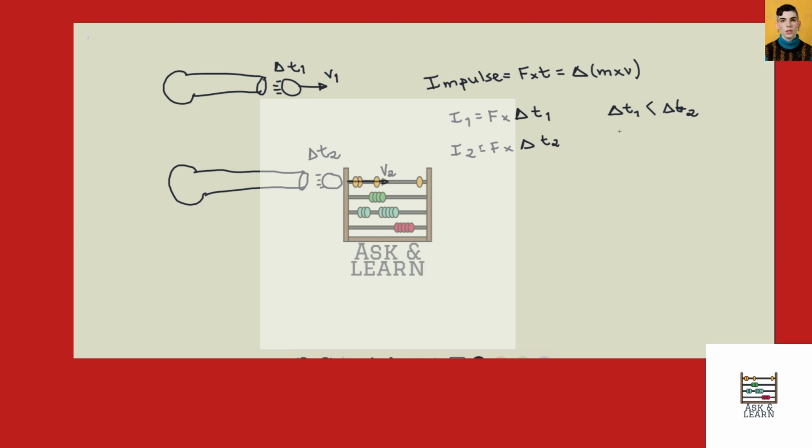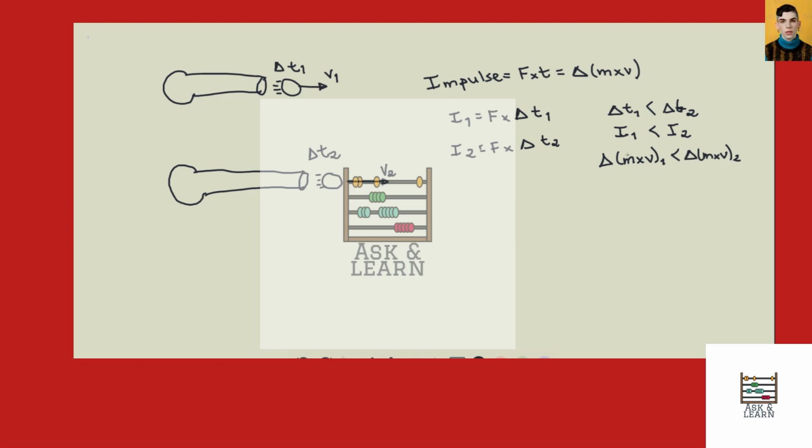we can already infer that I1 is going to be smaller than I2, or the impulse in the second case is going to be bigger than the impulse in the first case. So if we look at the changing momentum, so delta mv case 1 is going to be smaller than delta mv in case 2.